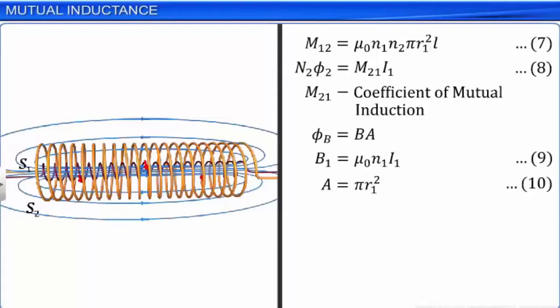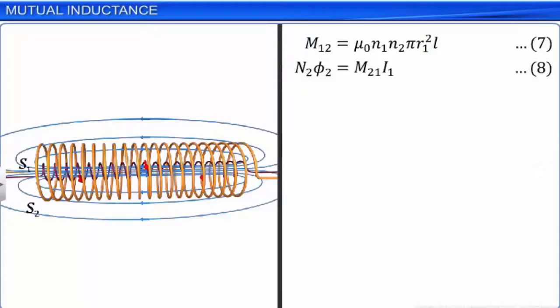We also know that N2 is equal to N2 L. Let this be equation 12. On multiplying equations 11 and 12 and simplifying the right-hand side, we get the equation N2 phi 2 is equal to mu naught N1 N2 pi R1 square L I1. Let this be equation 13.